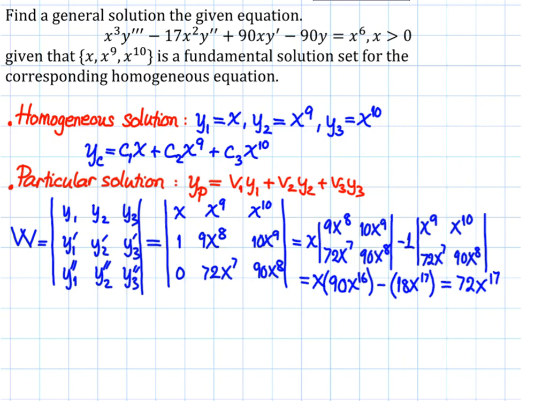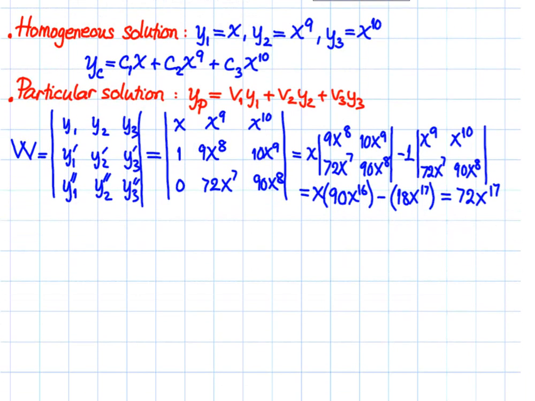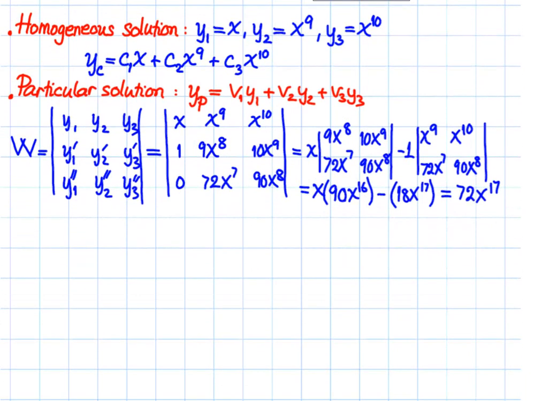Next, we're going to do W1, W2, and W3. For W1, we will replace the column corresponding to y1 with 0, 0, and then the input function.